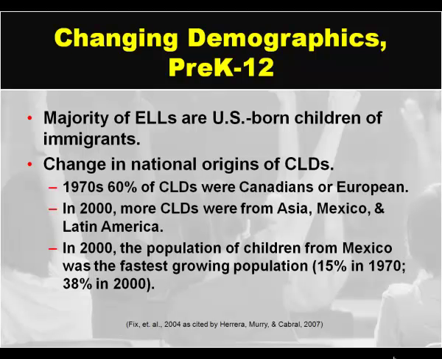In 2000, more CLD students were from Asia, Mexico, and Latin America. In 2000, the population of children from Mexico was the fastest growing population, 15% in 1970 and 38% in 2000.